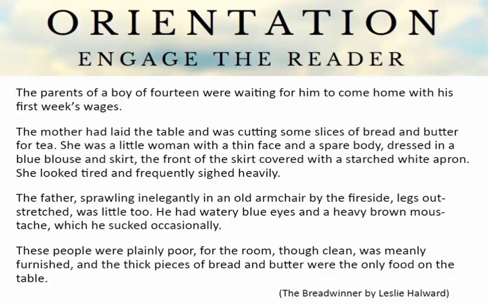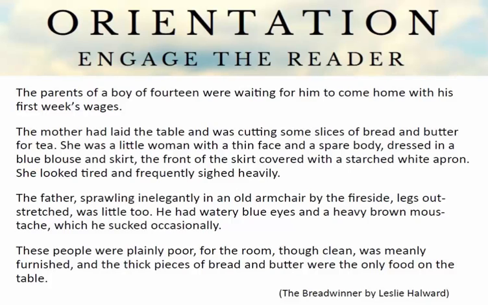Now we've got the description of the father. So the father is sprawling inelegantly in an old armchair by the fireside, legs outstretched. He was also little. Now look at those verbs and adjectives. Sprawling inelegantly, legs outstretched.